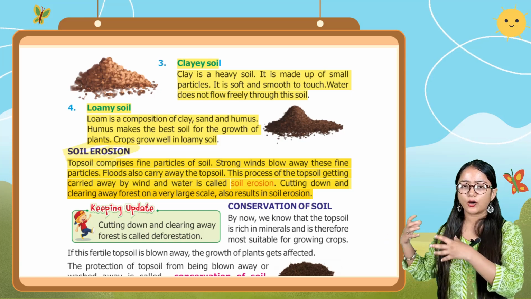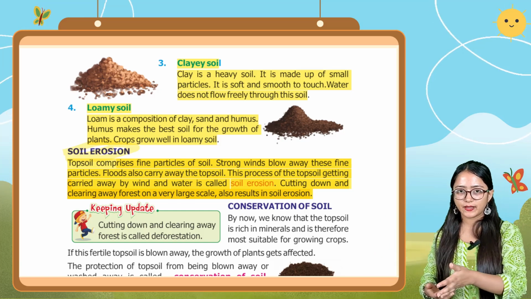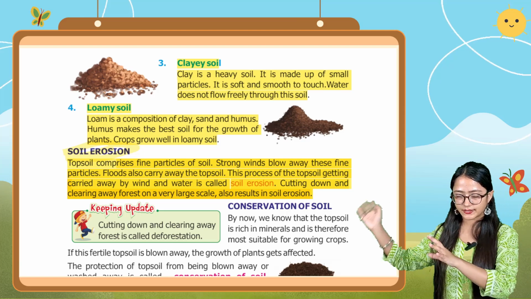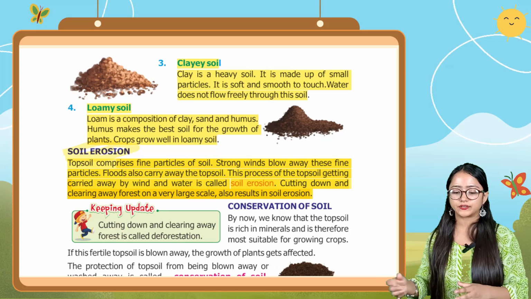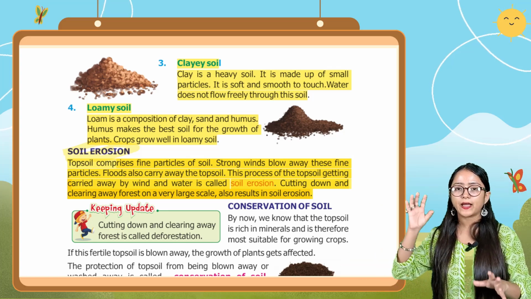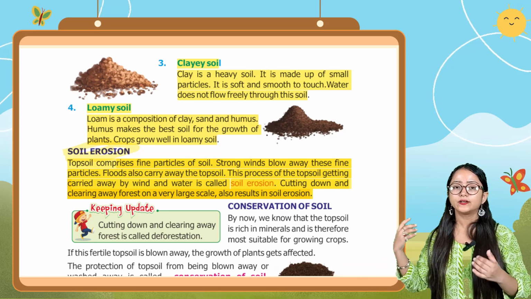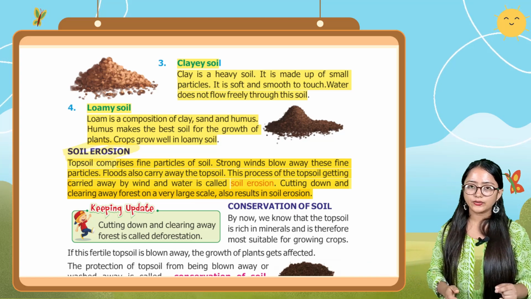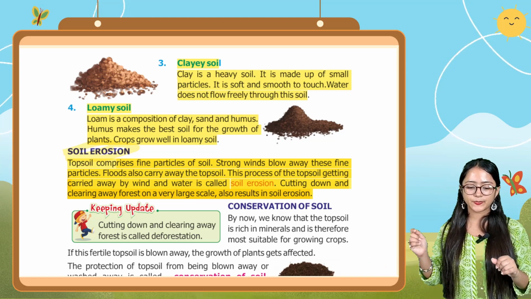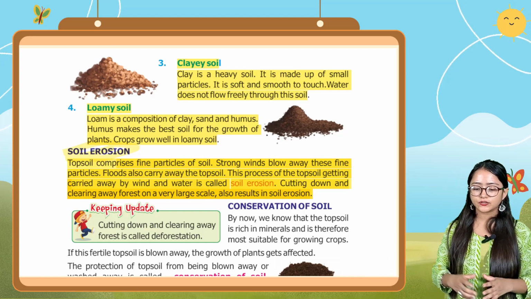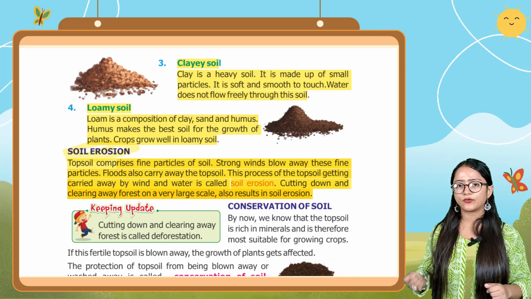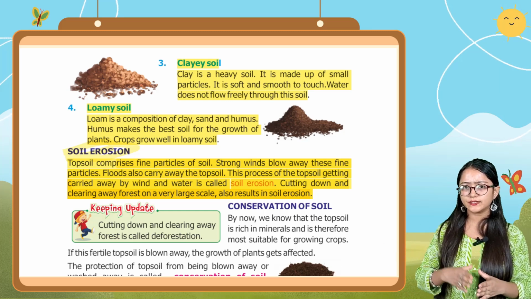This process of the topsoil getting carried away by wind and water is called soil erosion. Cutting down and clearing the forest on a very large scale also results in soil erosion. So cutting down large amounts of trees and forest also results in soil erosion.